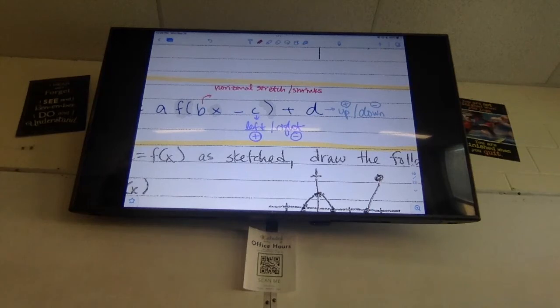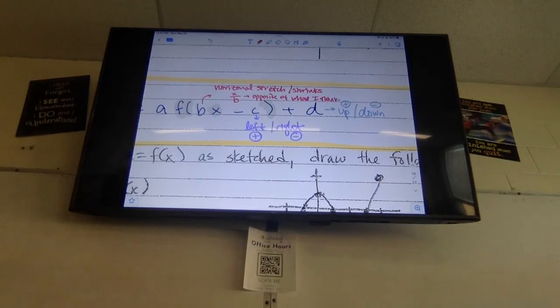Okay, the B changes your x's, and you can think about it doing the opposite of what you want. So this B right now is being multiplied by my x. It changes my x's by thinking about dividing all your x's by 2 or by B or whatever it is. If it's dividing, then we multiply, but it does opposite of what we think. I might even write that, opposite of what I think.